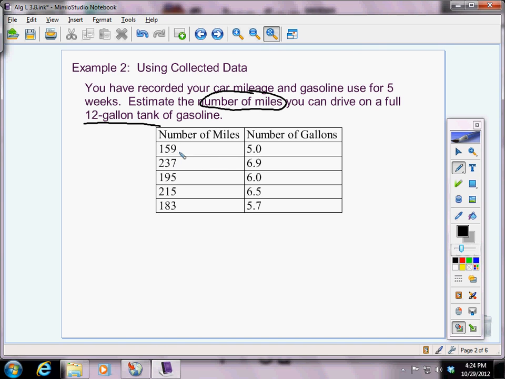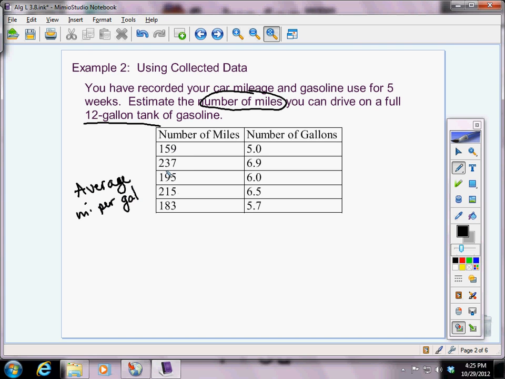We traveled 159 miles in 5 gallons. We traveled 237 miles and used 6.9 gallons. 195 miles and used 6 gallons. So it's a little bit different. Let's come up with an average number of miles per gallon. The way we figure out the average miles per gallon is we add up all of our miles.